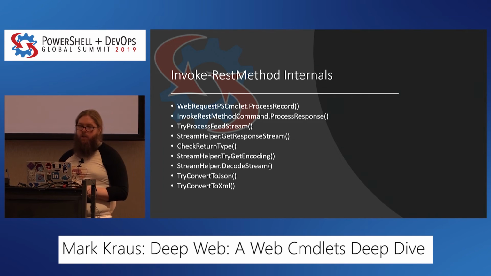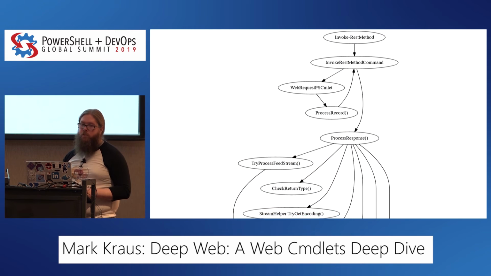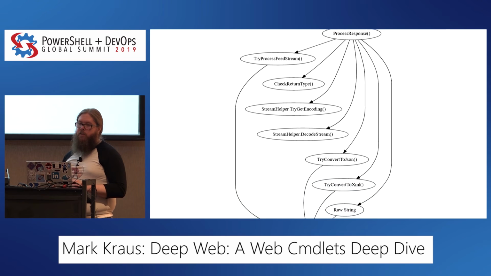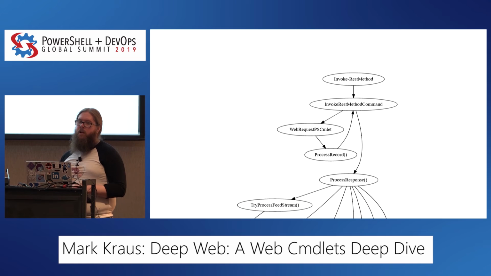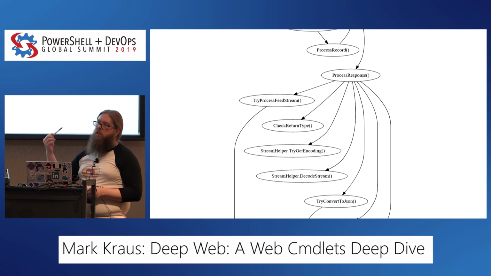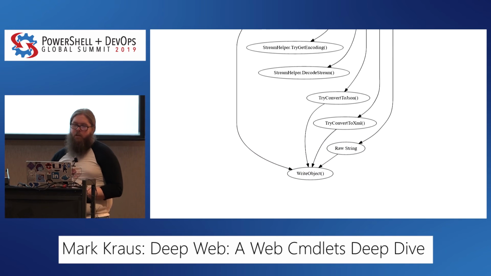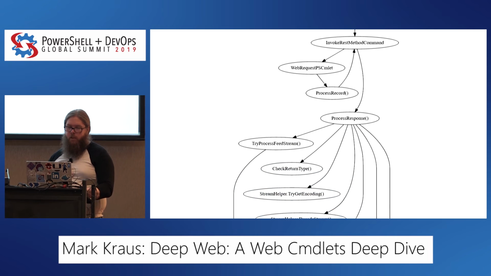It decodes the string, and then it tries to convert it to JSON, and that failed. Let me try to convert it to XML, and then ultimately gives back a string. So the bulk of this work is: let me just try to convert it one way, that fails, convert it another way. The order of operations is Atom RSS, JSON, XML, string, error. So that's what that code map looks like.